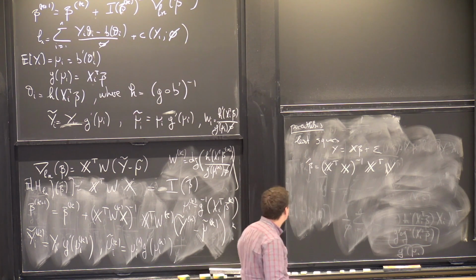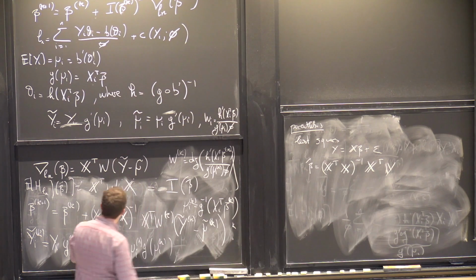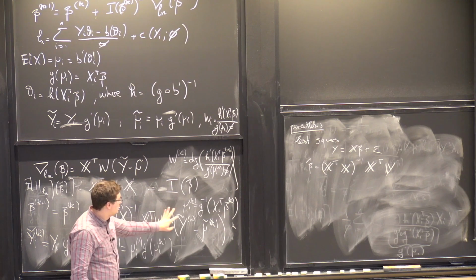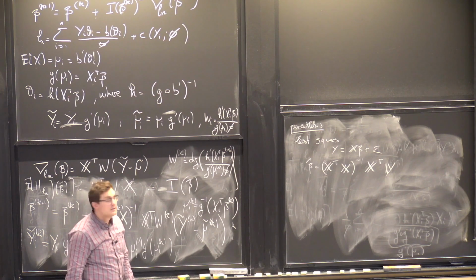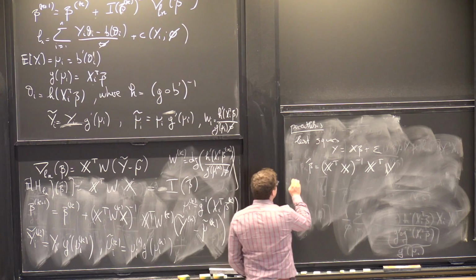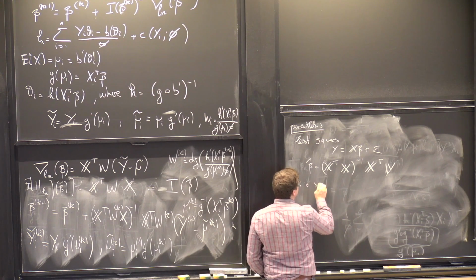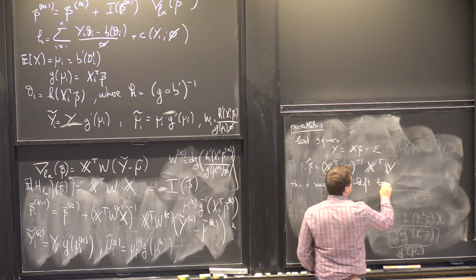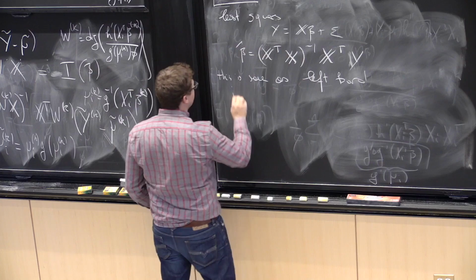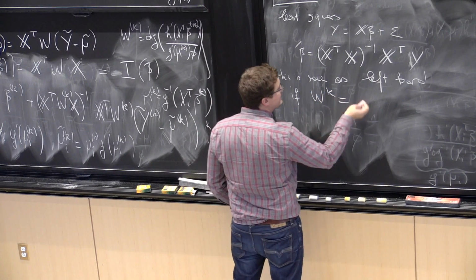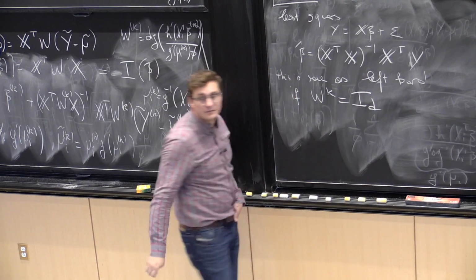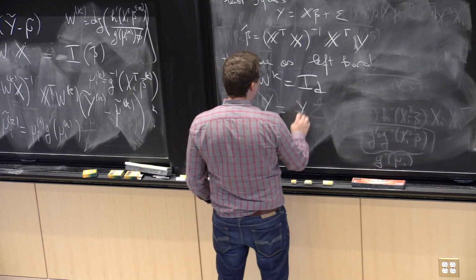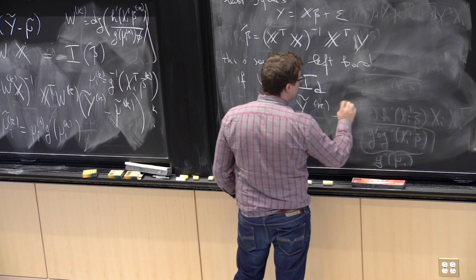Now look at this: x transpose W x inverse, x transpose W something. So this looks like the same as the left board if W_k is equal to the identity matrix, meaning we don't see it, and y is equal to y tilde k minus mu tilde k.